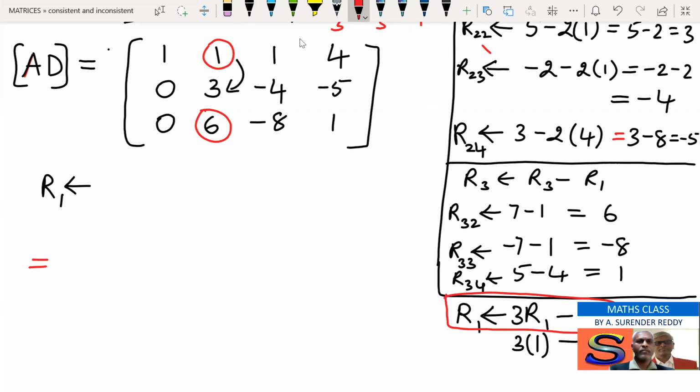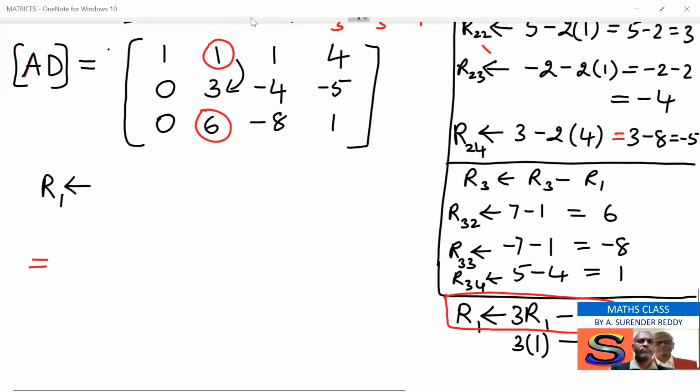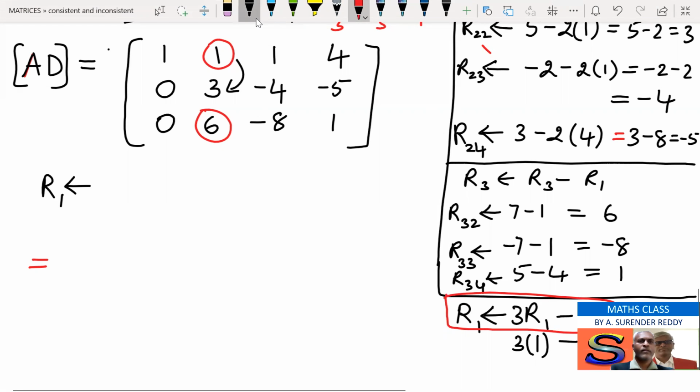What is the formula? I am converting R1 as 3R1 minus R2. 3 into R1 element and minus R2 element. So that this R1 1 becomes 0.